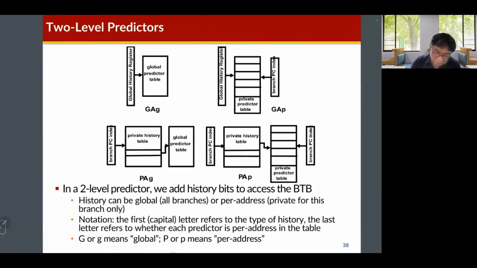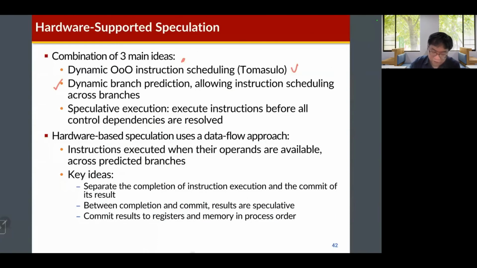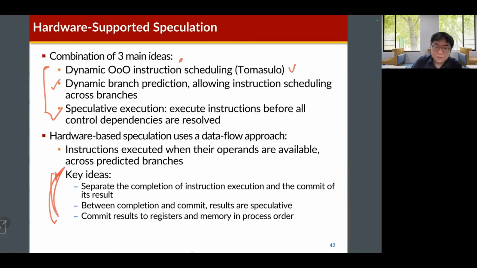So with the branch predictor and the BTB, we can find more instructions to be executed, and then speculative execution. With the ROB, we can implement speculative execution. By combining three main ideas, we can implement hardware-supported speculation. I already explained the key ideas of speculative execution, so you can read these sentences.